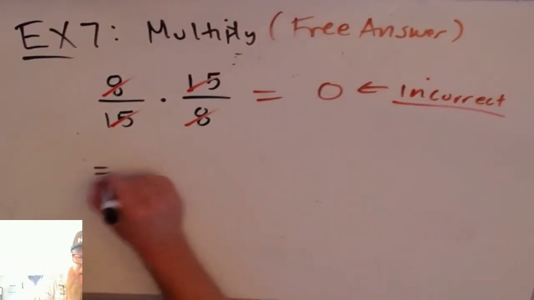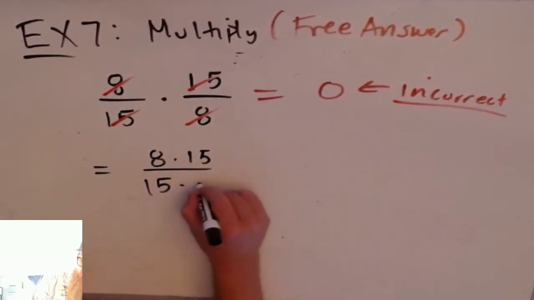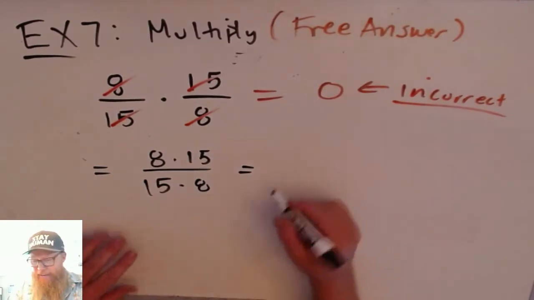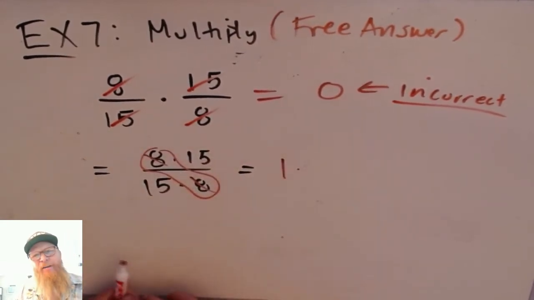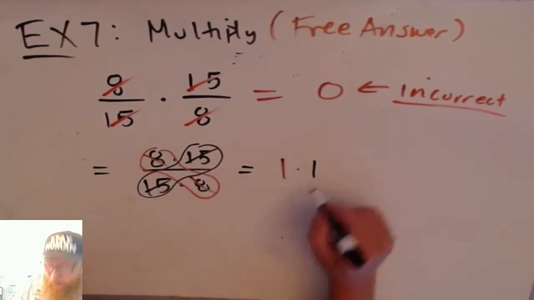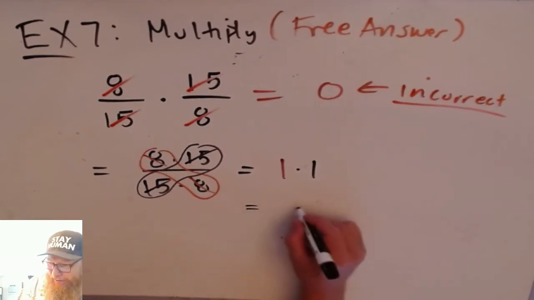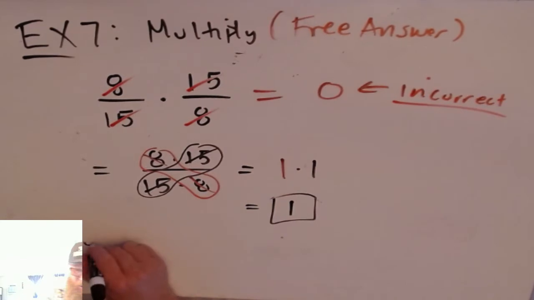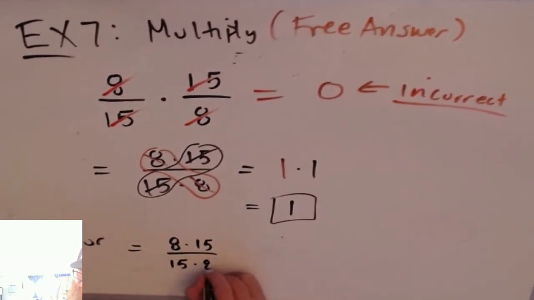All right, the correct way to do it is 8 times 15, 15 times 8. Okay, and then that is 8/8, which is 1, and then 15 over 15, which is 1. So technically, this is just 1 times 1, which is 1. Or you could go like this, 8 times 15, 15 times 8.